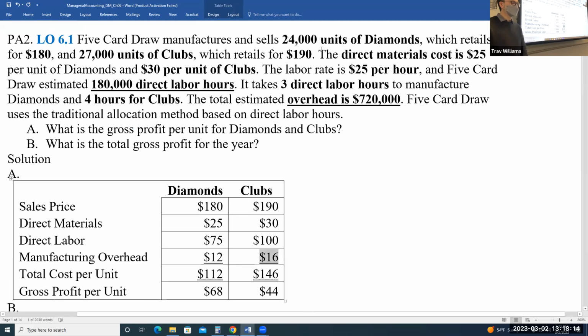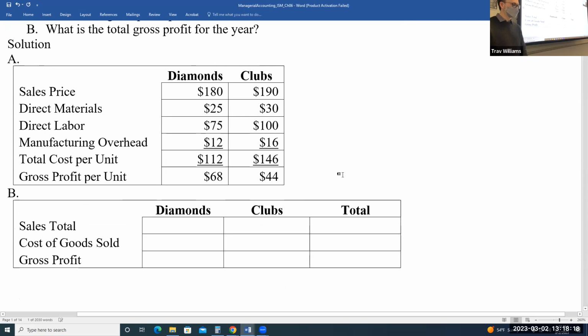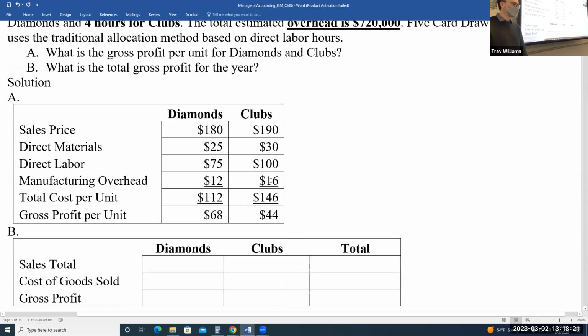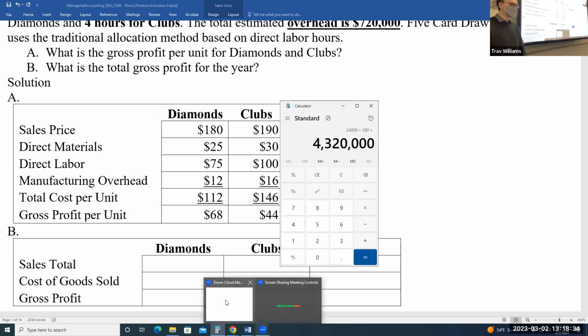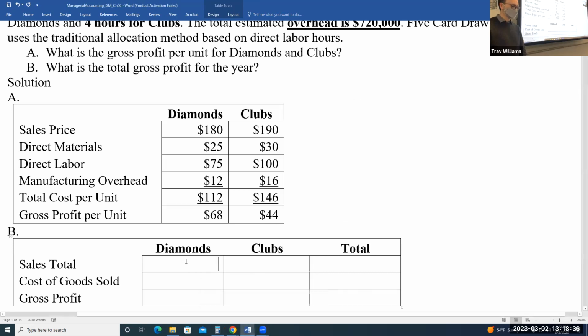So let's see. Oh, yes, we have 24,000 units of diamonds. Now, if we want to know our total sales for diamonds, we can just multiply the number of units times the sales price per unit, right? And we get our total sales revenue for diamonds. How would we get our total cost of goods sold for diamonds?